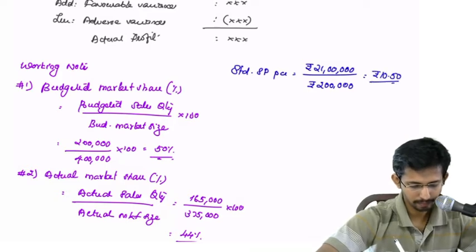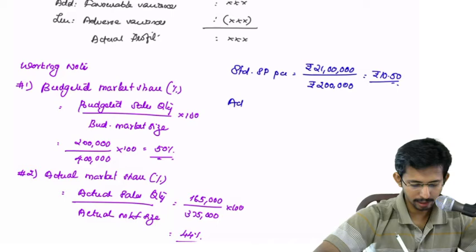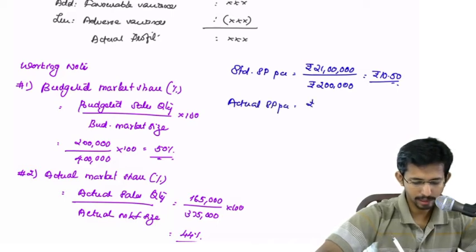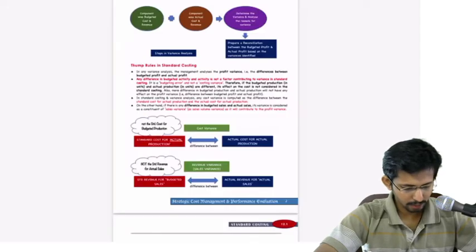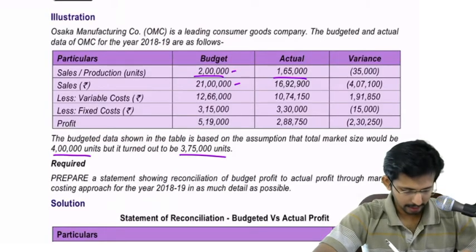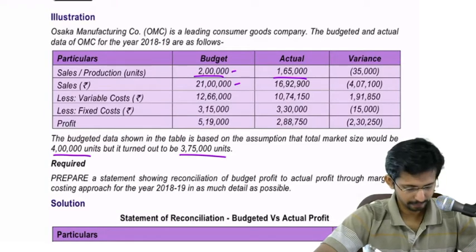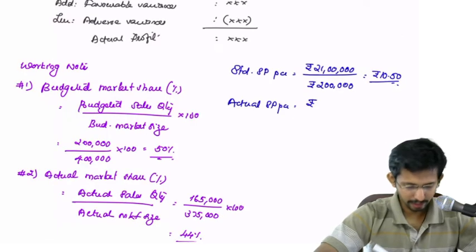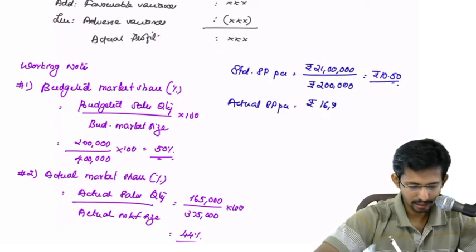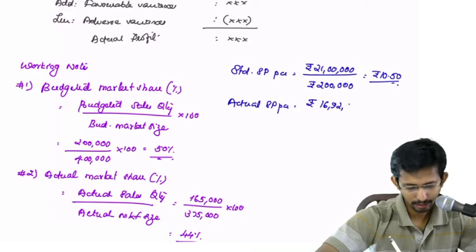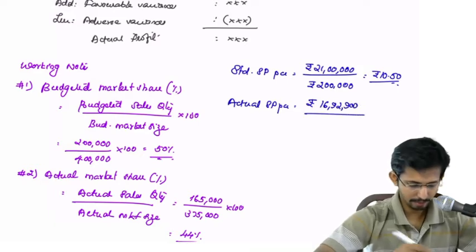10.50. Okay, now actual selling price per unit. What is the actual sales revenue? Actual sales revenue was 16,92,900 and 1,65,000. 16,92,900 divided by 1,65,000.